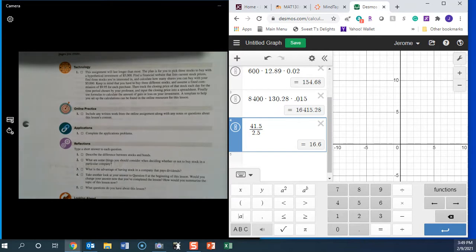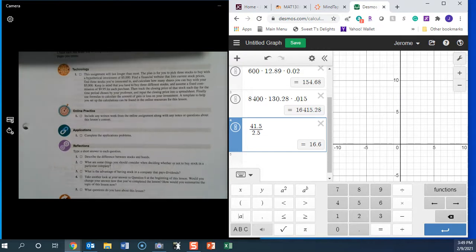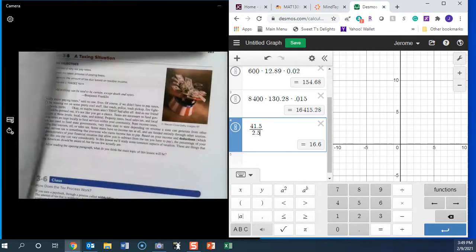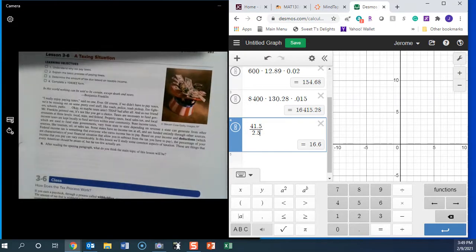Now we need to go on to 3.6. Just to let you all know, 3.6 actually starts on page 283. So let's go over here to page 283. Now I do need to tell you all this.